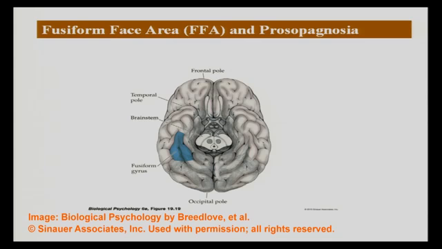Maybe someone might have a stroke or carbon monoxide poisoning. But interestingly, actually, there are also congenital forms of this, that some people grow up not being able to recognize faces. And so these sort of naturally occurring experiments that happen with people can be taken advantage of by investigators.